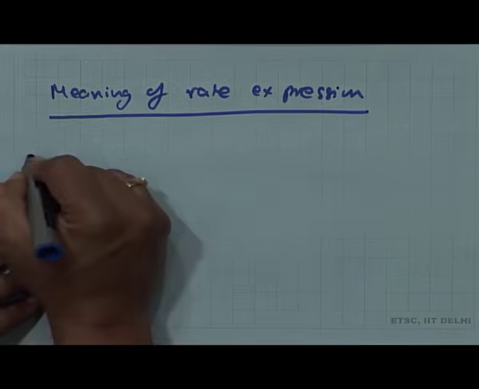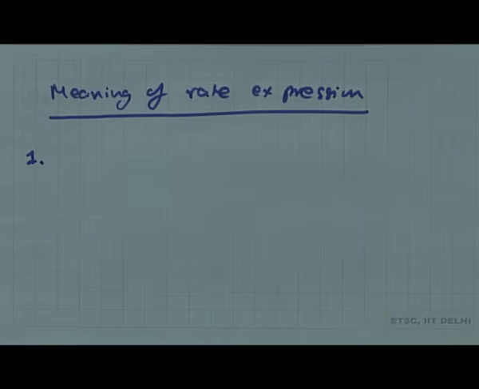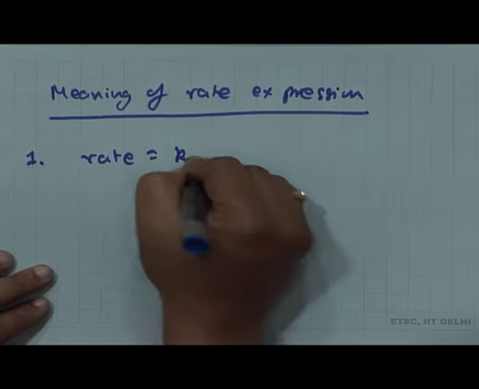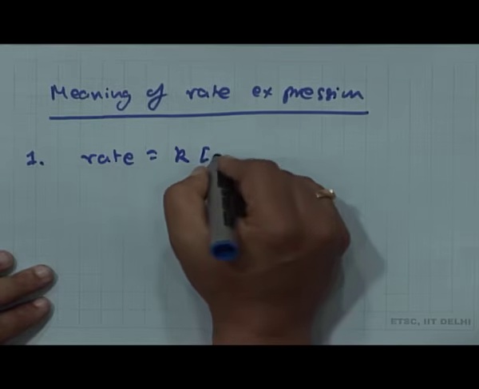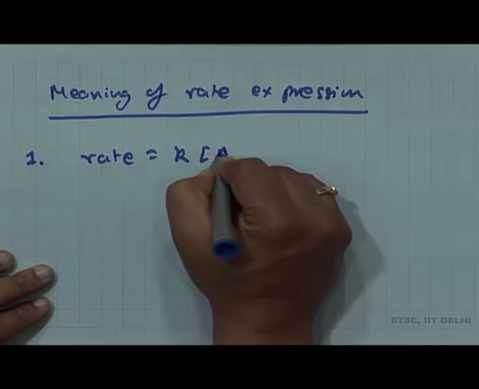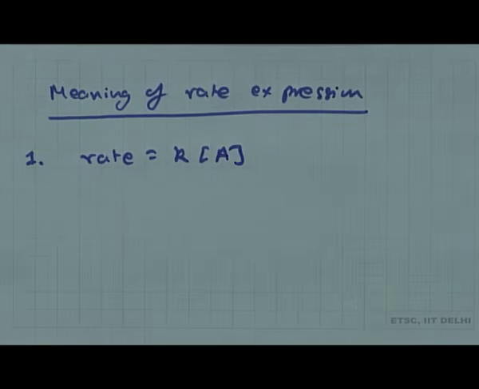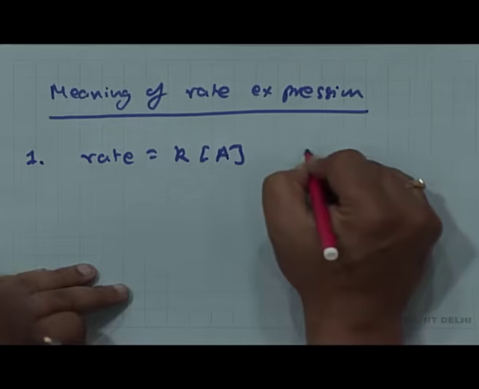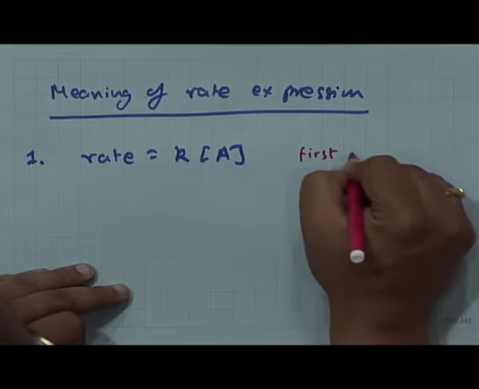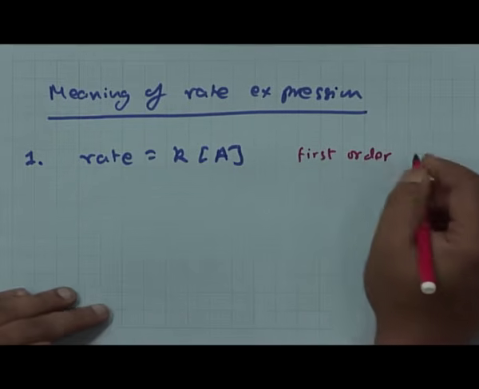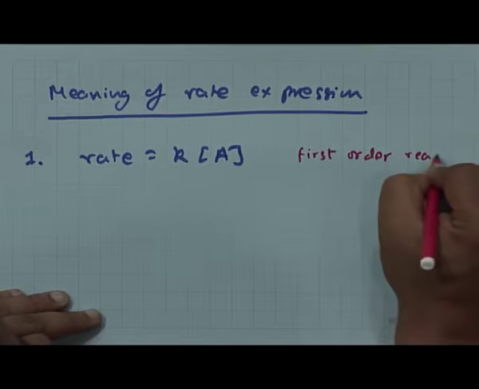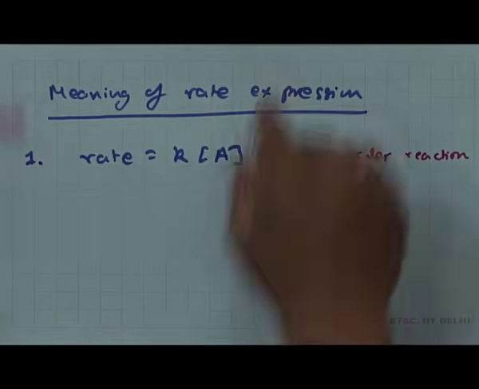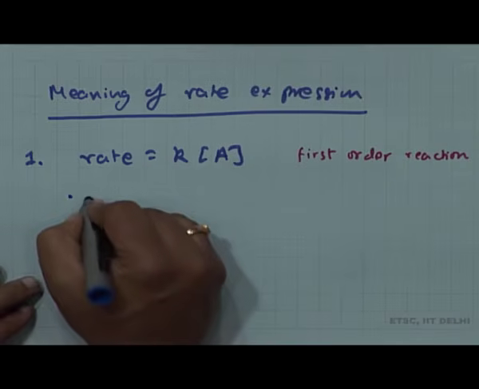See, for example, the first one, if rate is equal to K times the reactant A, we obviously know that this is a first order reaction.